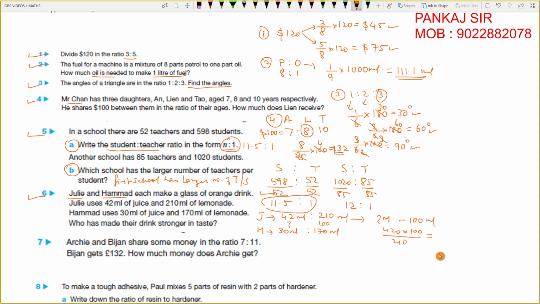And this calculation will work out to, if I'm not mistaken, let me work it out.